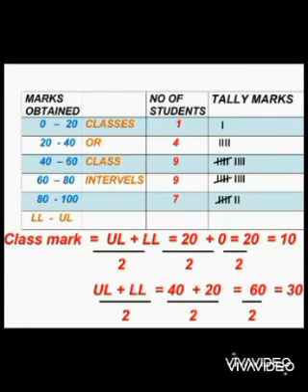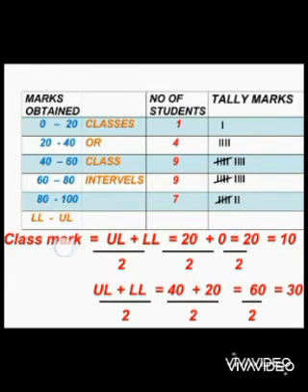So from this data we have learnt classes or class intervals, class size, class length and all, isn't it? Class length and class size are the same only, and how to represent in the form of tally marks we have learned. And one more thing, children, how to find the class mark.